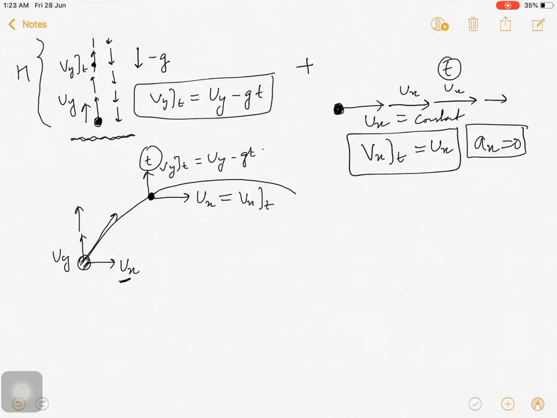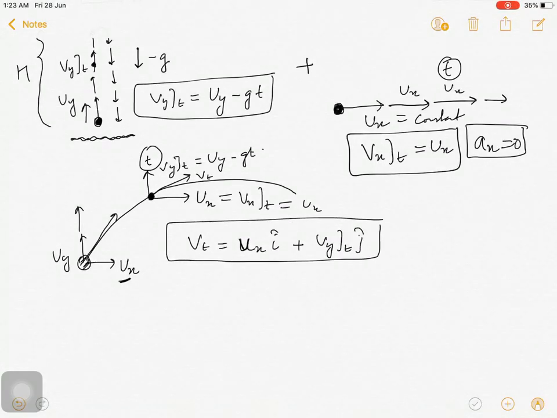And what about the resultant? The resultant is vt. So vt is nothing but the x direction velocity, same as initial, which is ux i cap, plus vyt j cap.